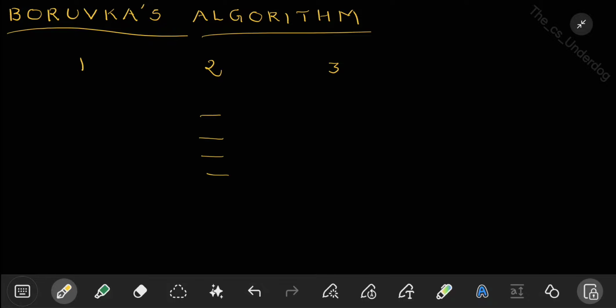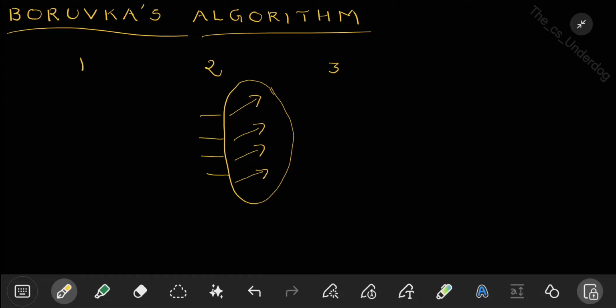Then, for each of these components, Boruvka's algorithm will try to find which is the minimum weighted edge that is going out of this component to some other component. For each component, it is going to identify this minimum weighted edge and then it will add all of these edges into the MST, making sure that there is no cycle formed. This is the basic overview of Boruvka's algorithm.